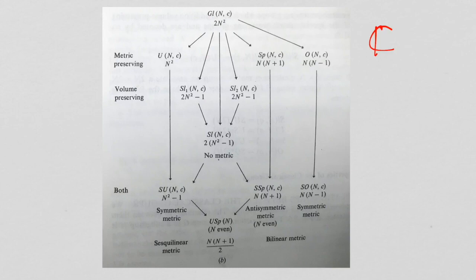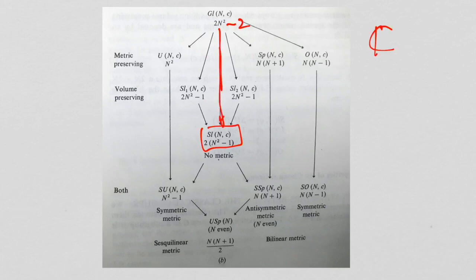So it's really 2n squared minus 2, because you're forcing the real and the imaginary parts both to separately be 1 and 0. And so this one's volume preserving, but it's not metric preserving, which is why the arrow goes right through it.